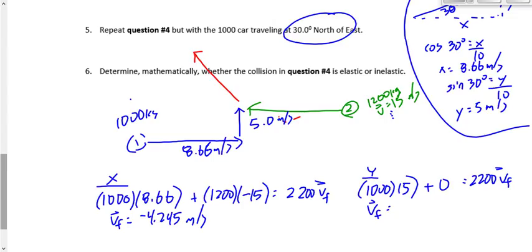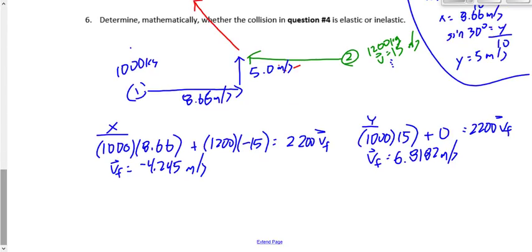Solve for that, it's 6.8181, 6.8182 actually, and it's positive. Now it's just resolve it, right? Now is the easy part. 4.245 to the left. Again, signs. We're back to paying attention to direction now, because we're talking about momentum, which is a vector. 6.8182.